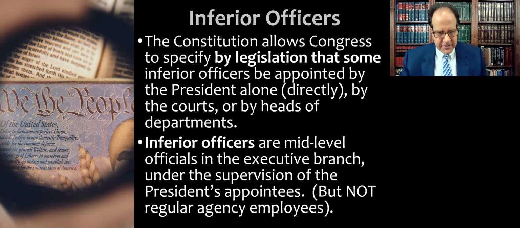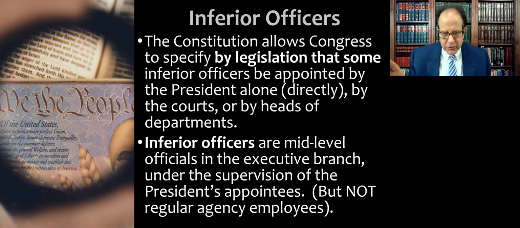And in fact, they usually work under the supervision of the people that have to be appointed by the president, the principal officers. So they're an in-between sort of tier of management between the top people, the agency directors or secretary or whatever, and then the regular agency employees and staff.